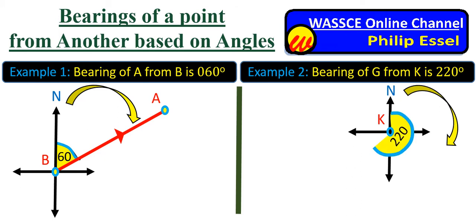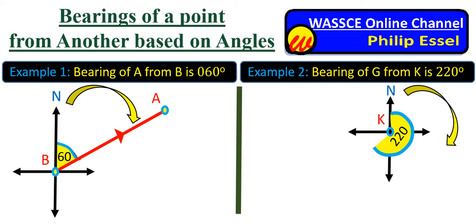Let's note that a movement from the north to the east is 90 degrees. A movement from the north to the south is 180 degrees. A movement from the north to the west is 270 degrees. And a movement from the north clockwise back to the north is 360 degrees.